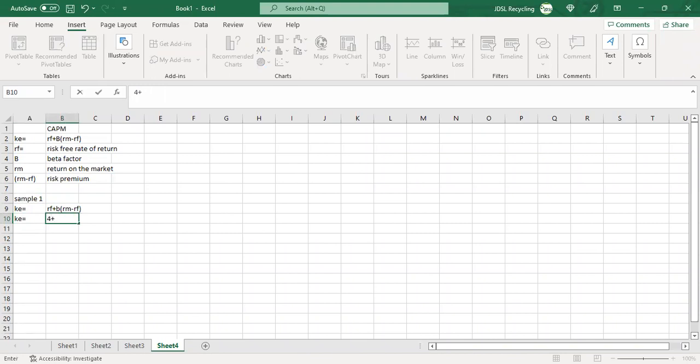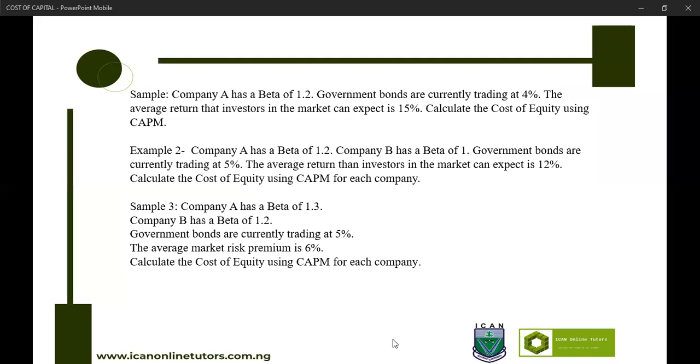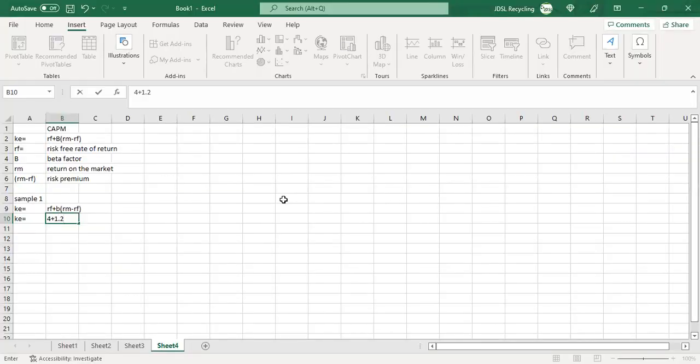What is our beta from that question? 1.2. And return on the market is 15%. So 1.2 into bracket 15 minus 4. We close our brackets. Cost of equity here will now be equal to what?